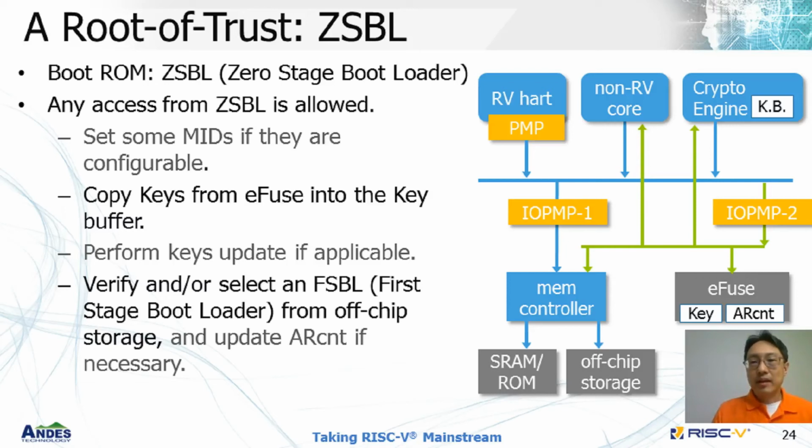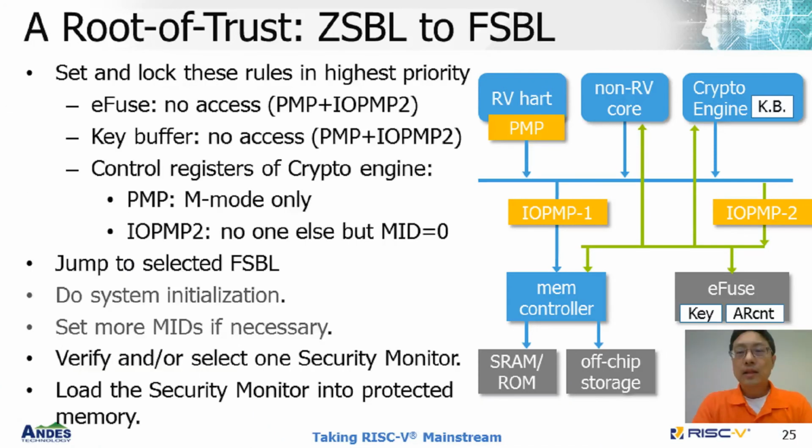After that, asymmetric DSA and the AR counter are used to verify if the first stage bootloader, or FSBL, in the off-chip storage is the original and up-to-date. If we have two or more FSBLs, the selection policy is implemented here. If a new version of FSBL is found, the AR counter should be updated accordingly.